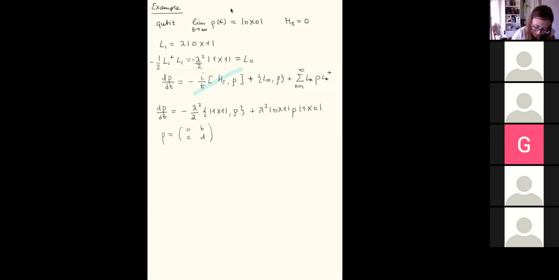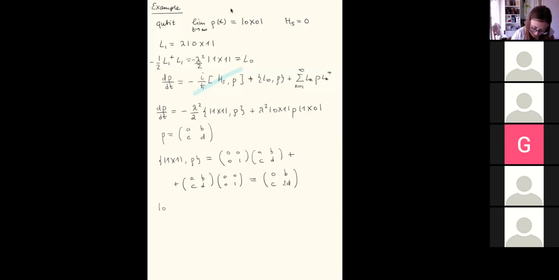Then the anticommutator of |1><1| and rho will be this plus this, which will give us 0, B, C, 2D.